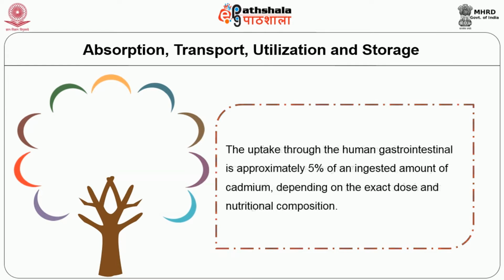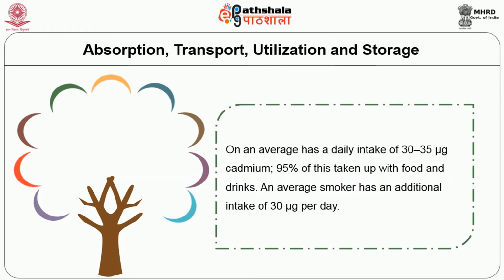The uptake through the human gastrointestinal tract is approximately 5% of an ingested amount of cadmium, depending on the exact dose and nutritional composition. On average, of a daily intake of 30 to 35 micrograms of cadmium, 95% is taken up with food and drinks.